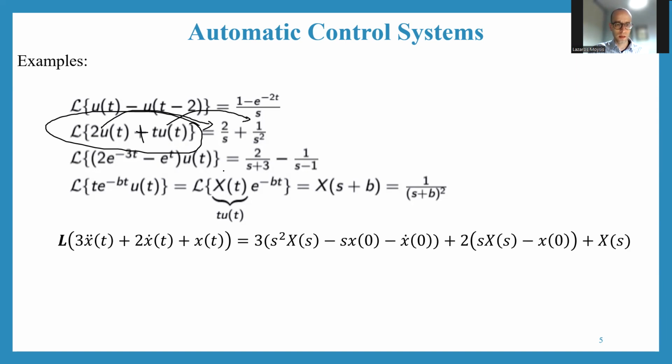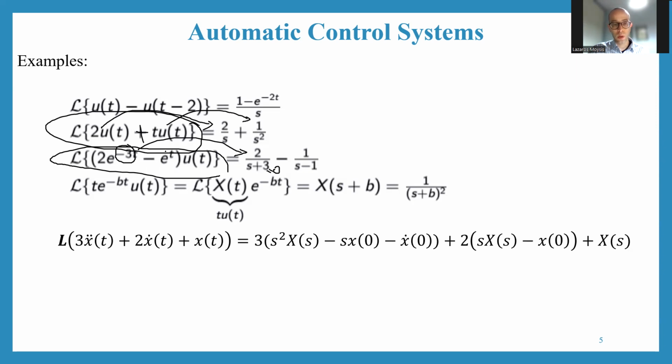This one is 2 times the exponential function e to the minus 3t, of course, multiplied by the step input. So this is 2 times, remember, what's the zero here? It's minus 3, so I need to have a polynomial where the denominator is s plus 3, because if I set this to 0, the solution is going to be minus 3, which is the term right here in the exponential.